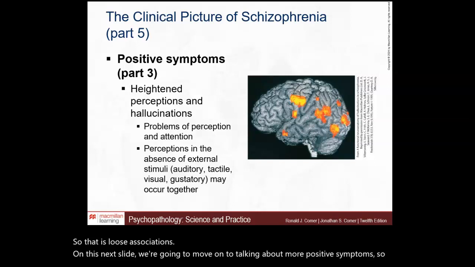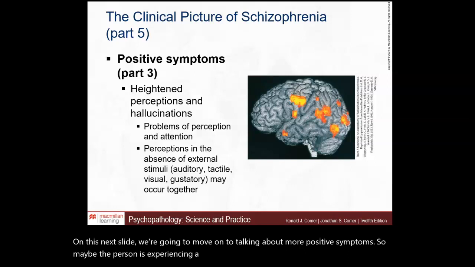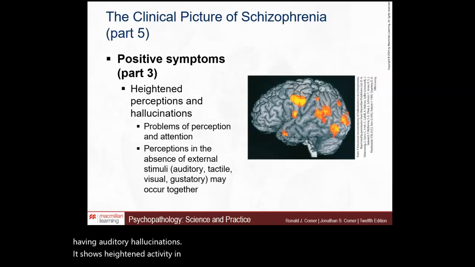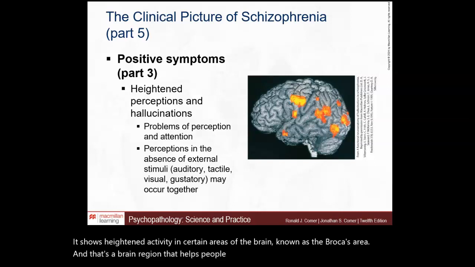So maybe the person has experienced a heightened perception and hallucinations. So this image here, this is a PET scan of the brain taken at the moment that a patient was having auditory hallucinations. It shows heightened activity in certain areas of the brain, known as the Broca's area. And that's a brain region that helps people produce speech.